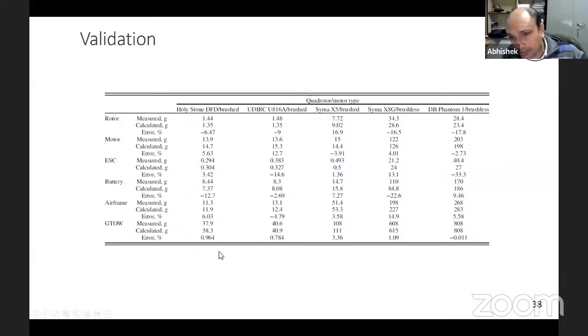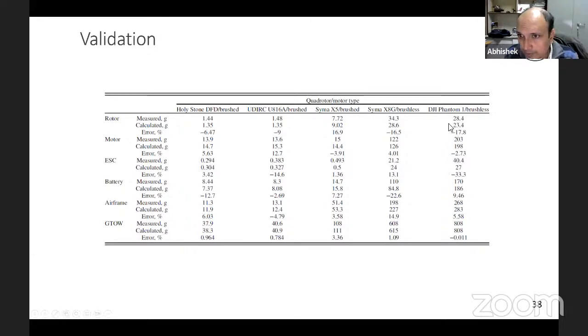With all that, they then went ahead and did a validation against existing designs. They took various small designs with brushed motors or brushless motors, such as the SIMA X8G and DJI Phantom 1, and using the code or process they developed, they did a validation.